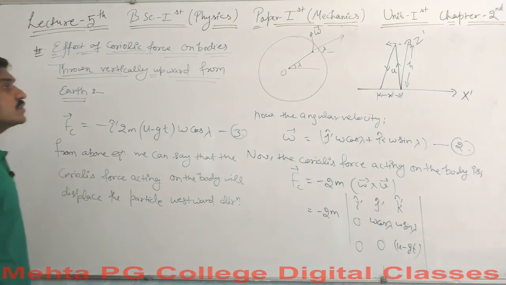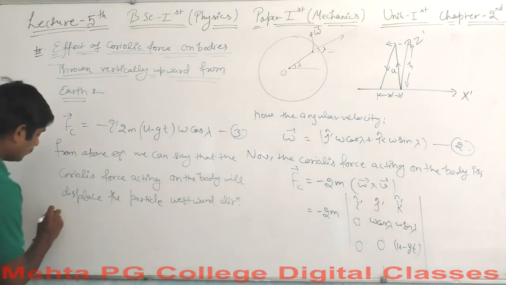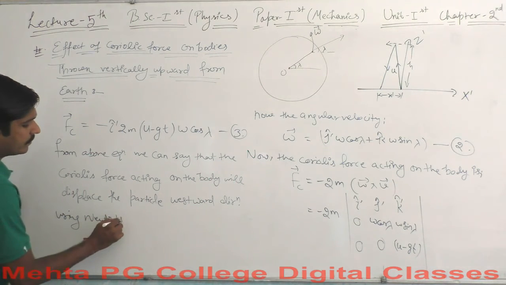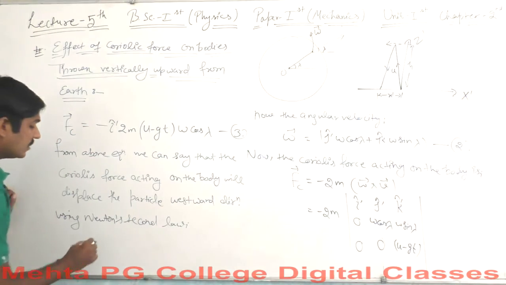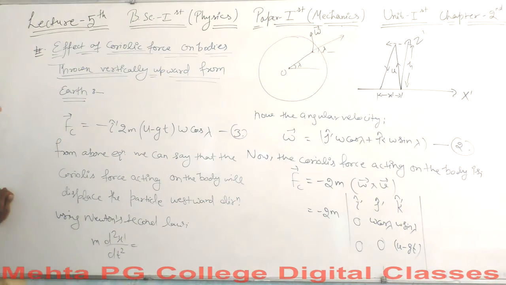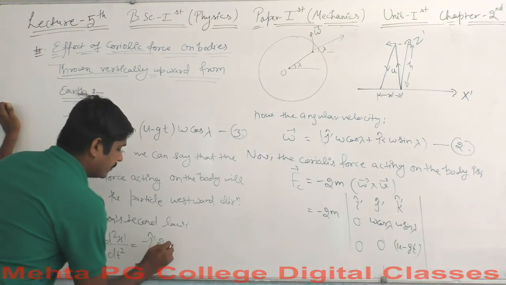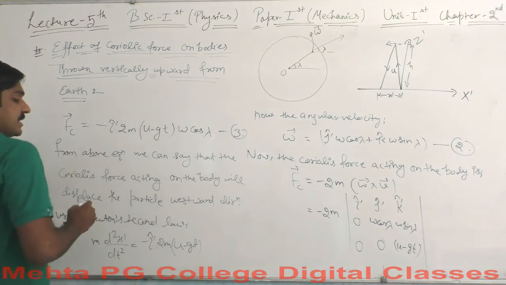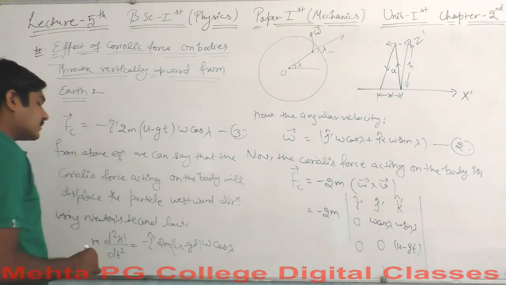So we are again going to use Newton's second law. Using Newton's second law, that is m d2x dash over dt square, equals minus i dash cap 2m, u minus gt, omega cos of lambda.